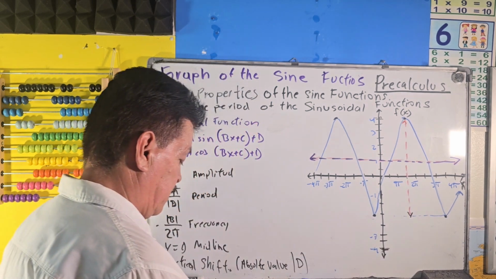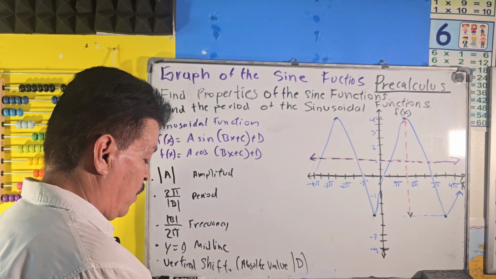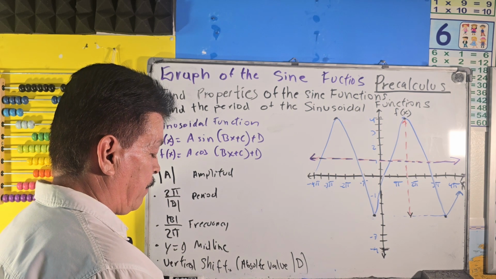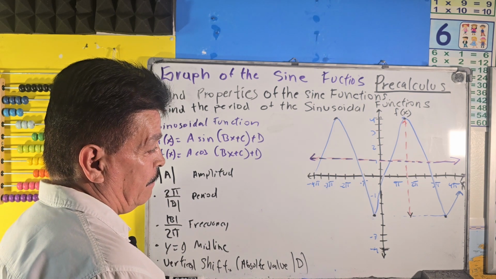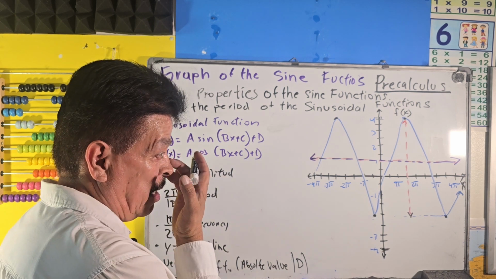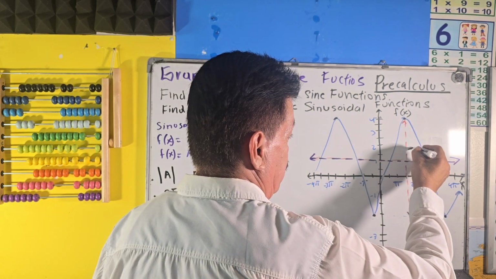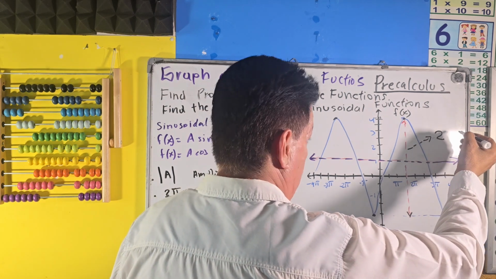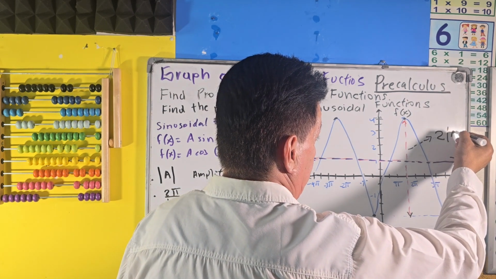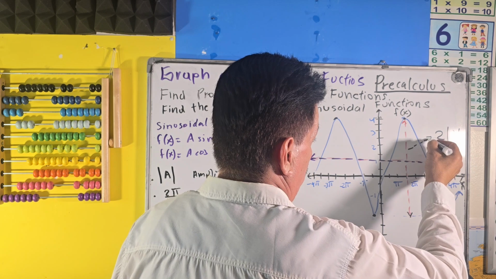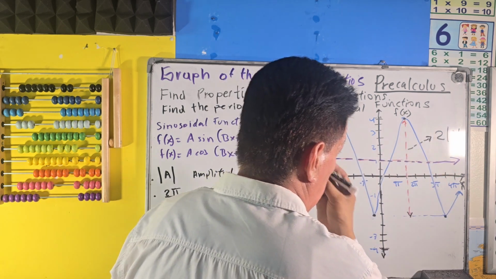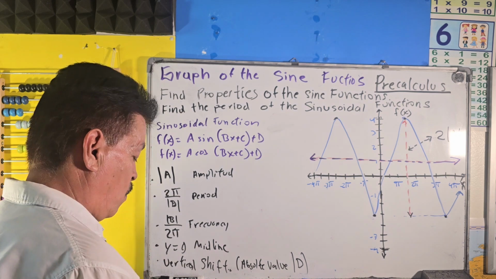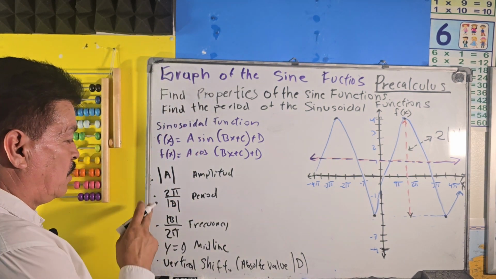How much is here? This whole distance is 2 times the absolute value of a, right? It's double, in this line. Also we have 2 pi over b.